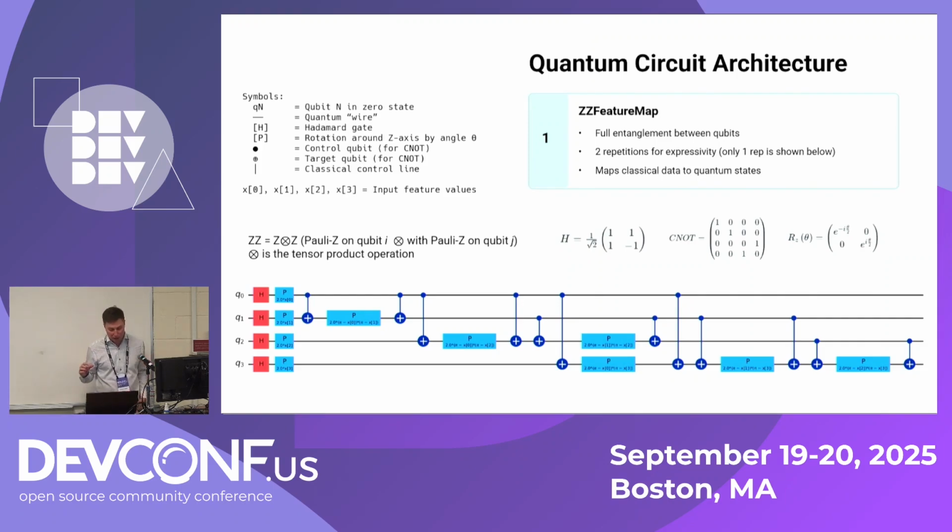After that you have these CNOT gates. You see the dot, and then the other bigger dot with the plus sign, and these will actually entangle the individual qubits. Going back to the previous step, the purpose of that is really to encode the classical data, because you're passing in x of 0, which has been normalized to the minus pi to pi range.